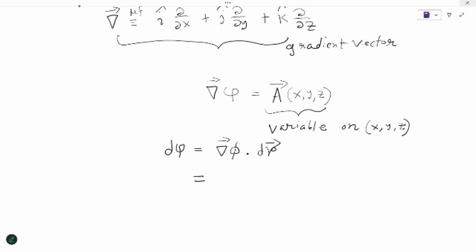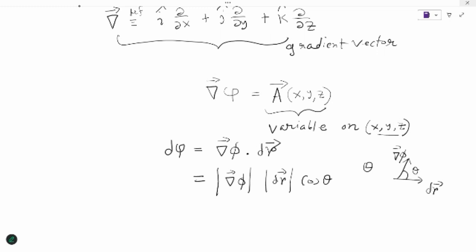Now if I take the modulus here, grad phi times dr times cos theta, where theta is the angle that grad phi makes with dr. And this theta is dependent on x, y and z at certain points.